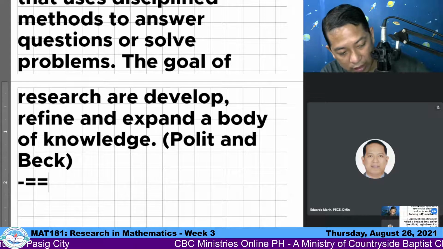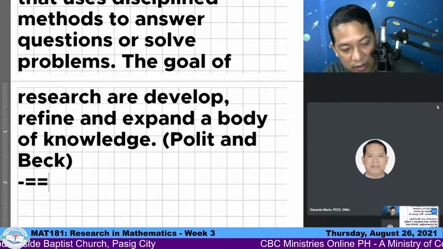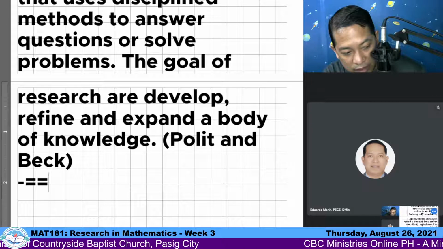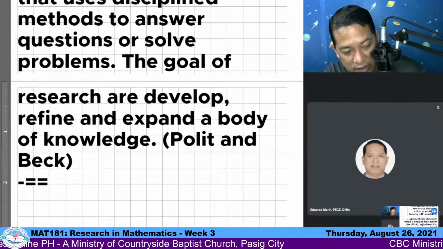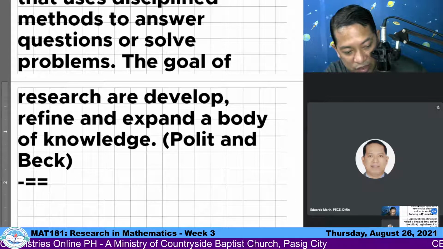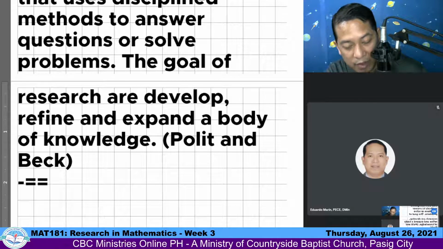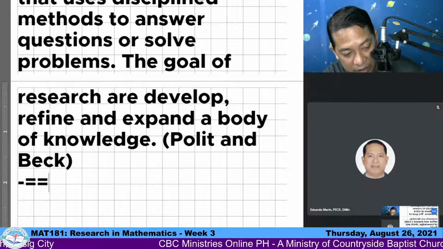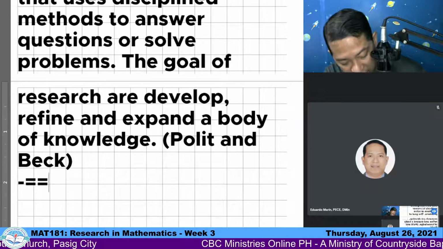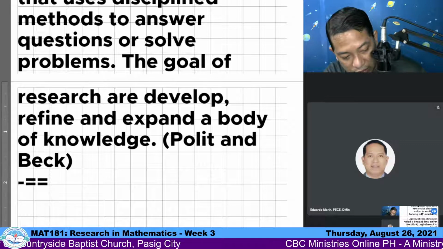And there are others that I just would like to read for the sake. Of course, there are others who define research as carried out to answer specific questions to solve a particular problem or issue. So same thought that we have here, according to Palispis, cited by Almeida, and also by Burns and Grove.